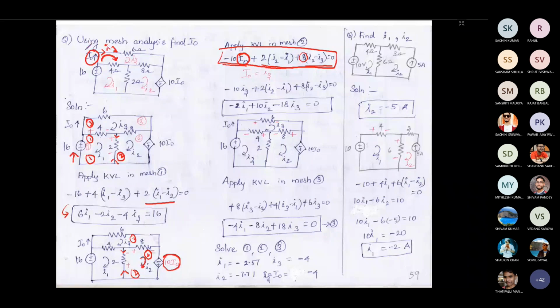So obviously, I naught should be equal to I3. Okay, why I am saying I naught is equal to I3 is, this is the branch. We are assuming for this loop a certain current direction. This is I3. In the question, they have mentioned that this is I naught.